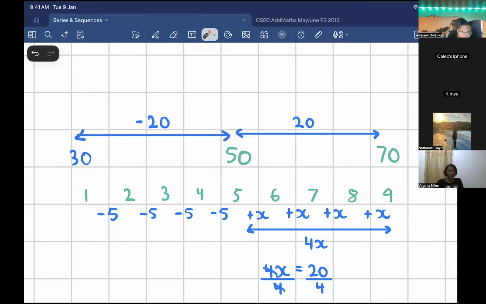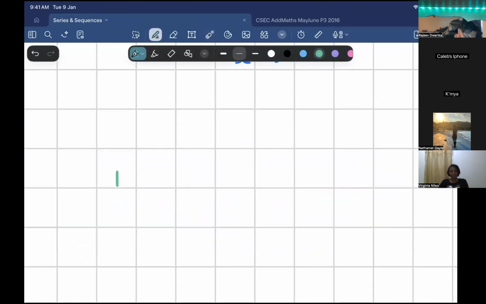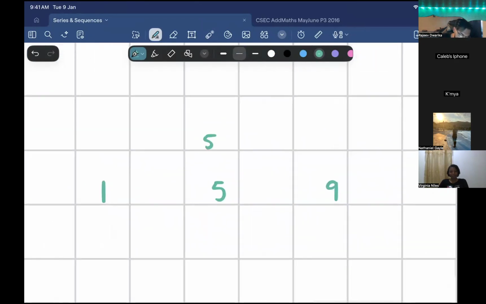You don't have to put the 2, 3, 4 or the 6, 7, 8. Heck, if you wanted, the working could have just looked like this. You have the first term here, the fifth term, and the ninth term. The fifth term was 50. What was the ninth term? 70. Kamaya, how many terms do we have between 5 and 9?